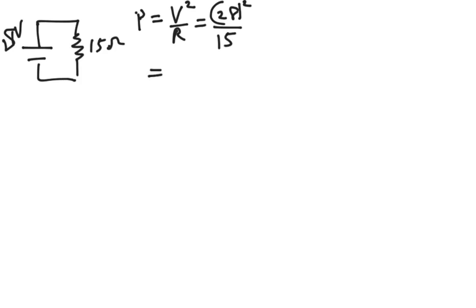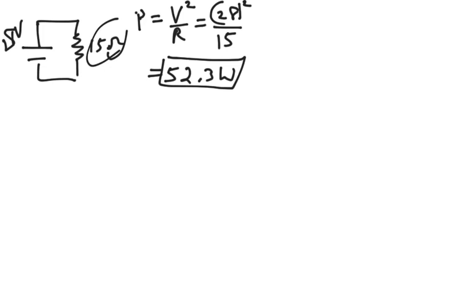And what does that give us? 28 squared divided by 15 gives us 52.3 watts. So there's 52.3 watts dissipated in this 15 ohm resistor, and that is the power dissipated in the entire circuit.